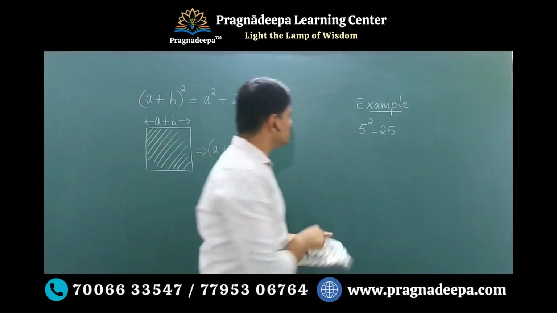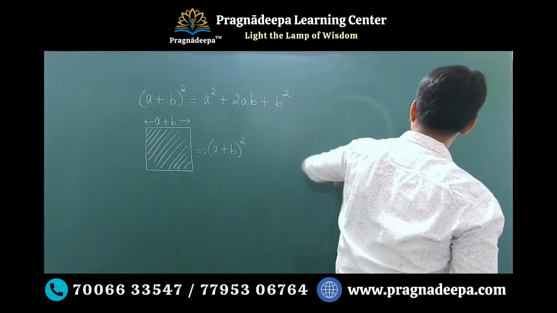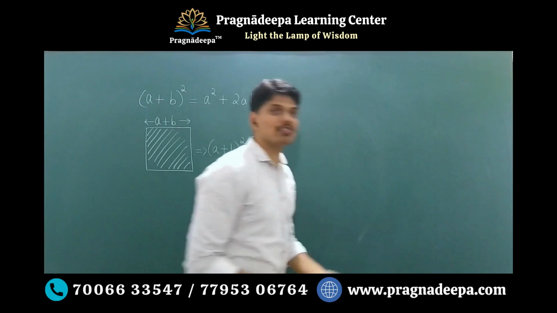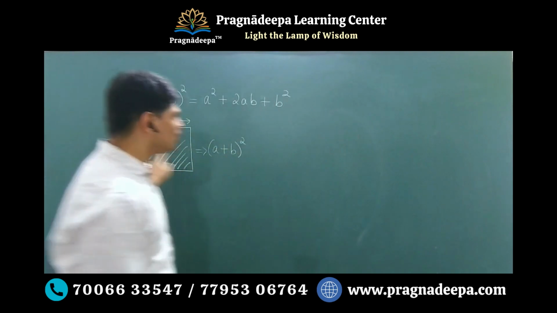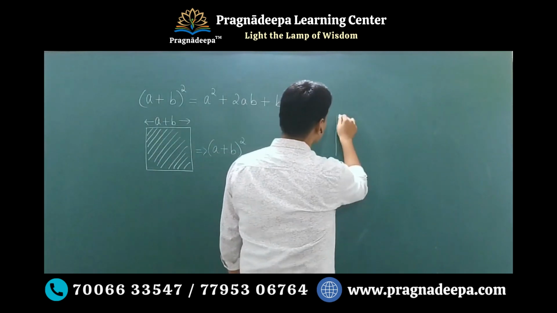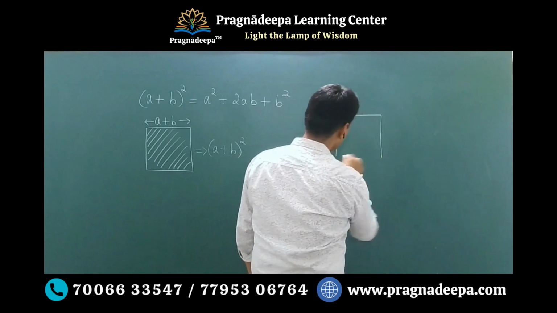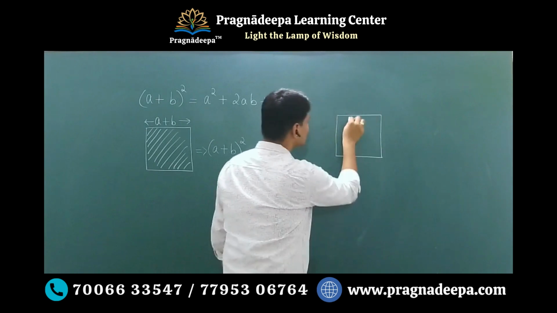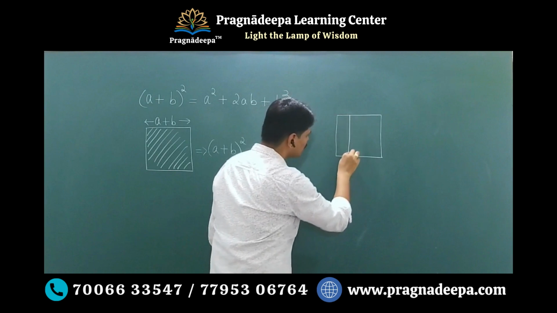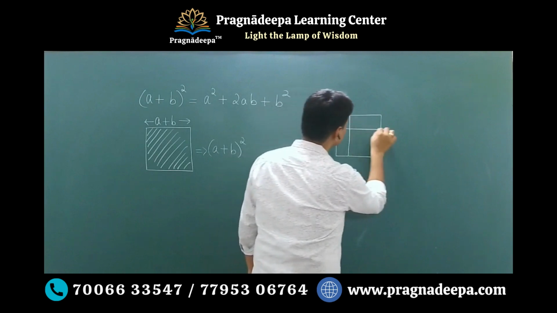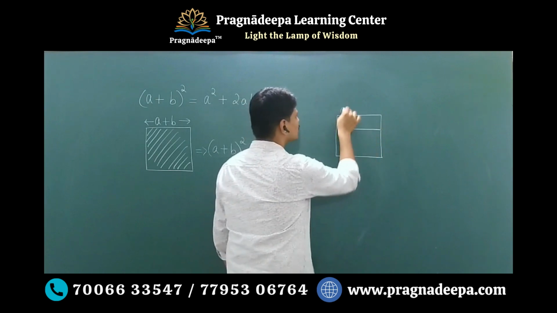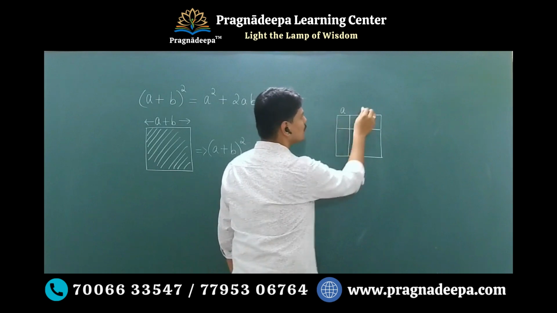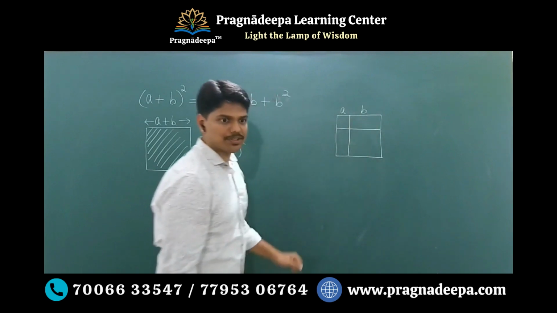That is the question. So let's try to understand by taking the same square that we have chosen, that is (a + b) the whole square. We will consider (a + b) the whole square in a different way. So I construct a square with this length a units and this length b units.